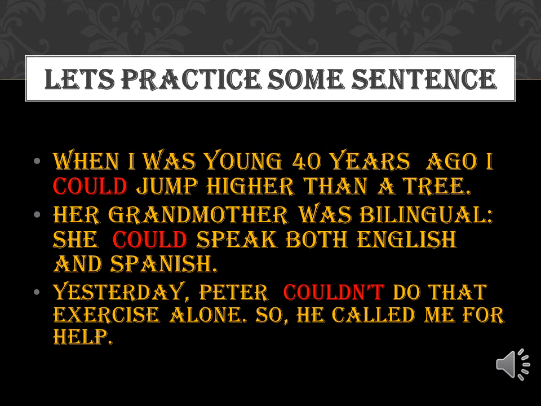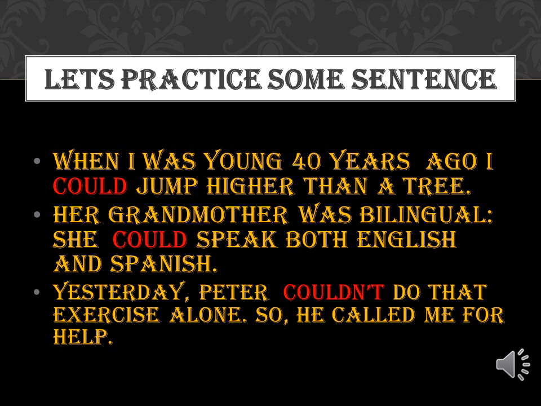After reading this sentence, we can infer that the grandmother has lost that ability to speak both the languages, and most probably we can say that she is no more in the world. That's why the word was is used here. So her grandmother was bilingual. She could speak both English and Spanish. The word could here is again telling about that ability she used to have.